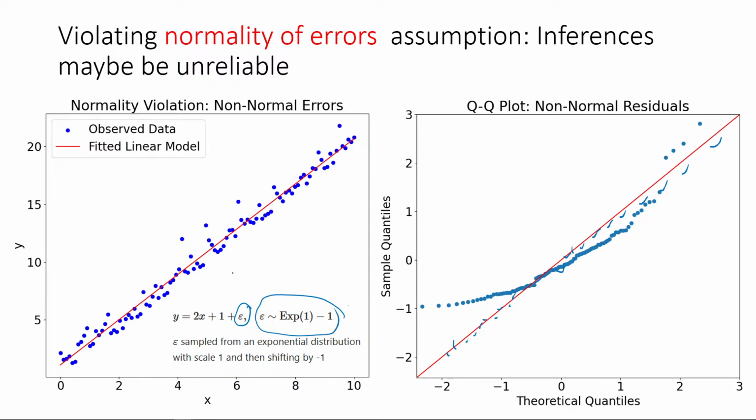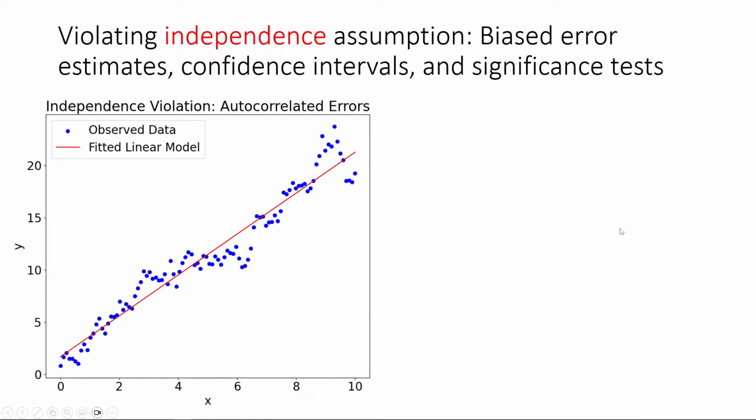I didn't sample it from a normal distribution, and that's why my residuals are not normally distributed. The model is linear, but the error is not normally distributed. The error is from an exponential model.